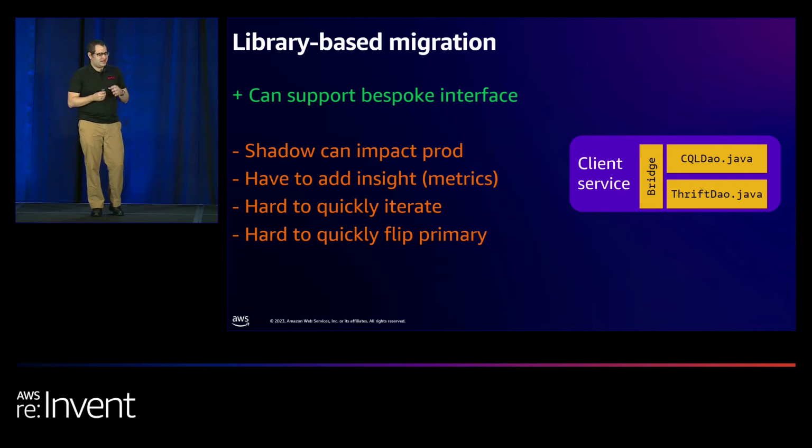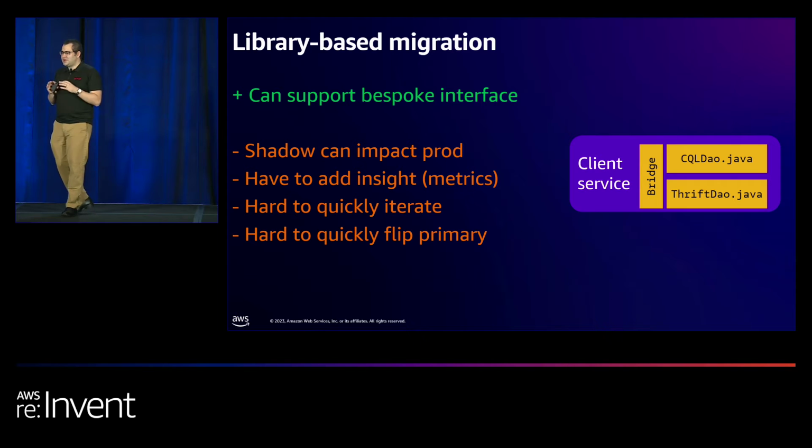And when you do that, the problem with the library-based technique is that those bugs can bring down prod. So we try to avoid this if we can. And when we have to, we try to be very diligent about the implementations being safe. We also have to add bespoke insight. Because this isn't a service layer, we don't have the out-of-the-box inter-process communication metrics that we're very used to in Netflix, and which we'll talk about later, are very useful for verifying that the two sides are equally performant.